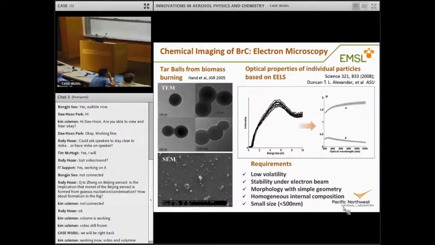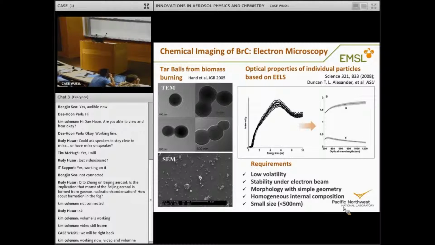And then finally, it also requires small size, so that the electrons go through the whole particle and the spectra can be collected. So in this regard, it was nice, it can be done, but the number of lucky requirements that one would need to do such an analysis is kind of long, and for many systems, it's not terribly practical.